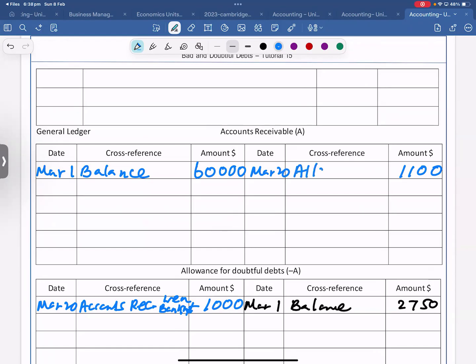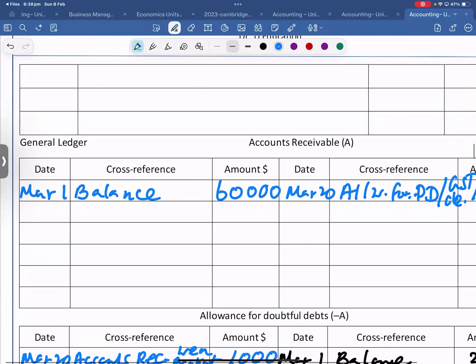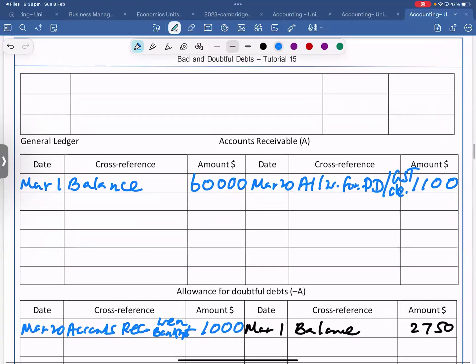Allowance for doubtful debts slash GST clearing, 1,100. Can you write in a short form? Yes, in the ledger account we can shorten it because we don't have space to write all of them.